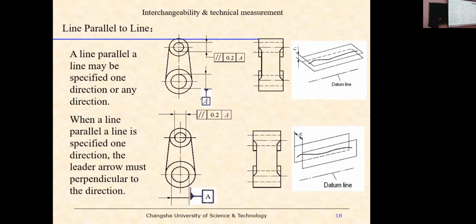So when we choose, like to verify, like this one is 0.2 and data A. Data A is here. It's the same, right?